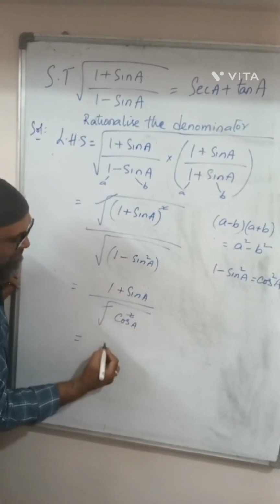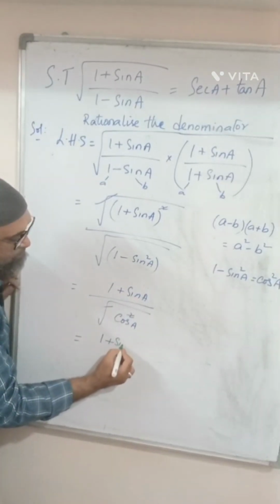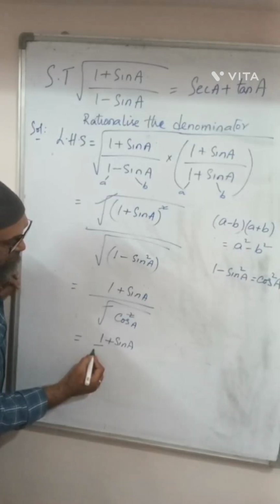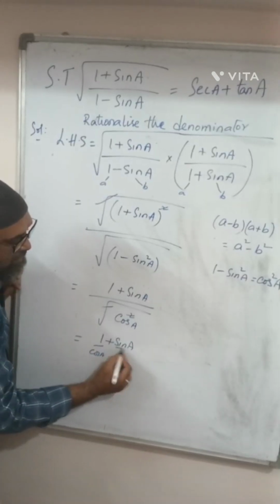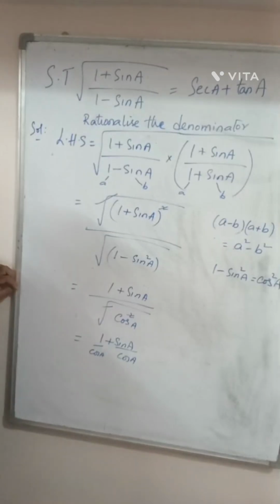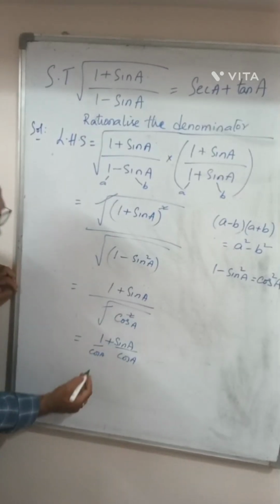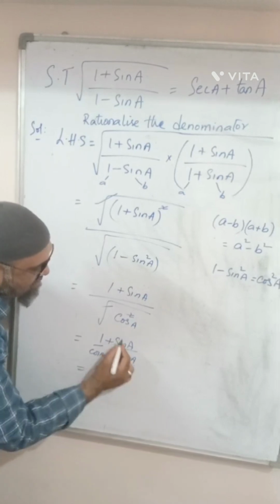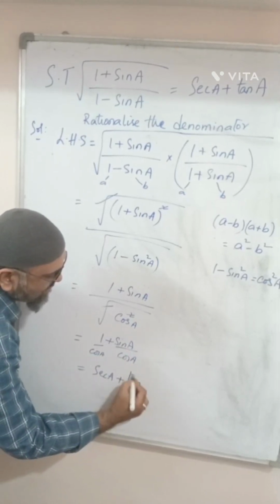So 1 plus sin A by cos A is left. Now this cos A I will separate here. I will write cos A here and cos A here. Now 1 by cos A is nothing but secant A, plus sin A by cos A is tan A.